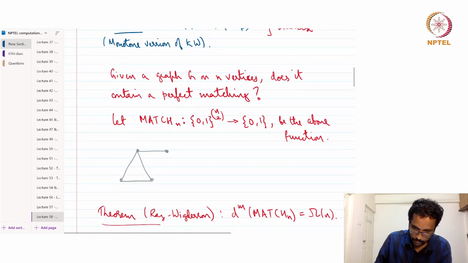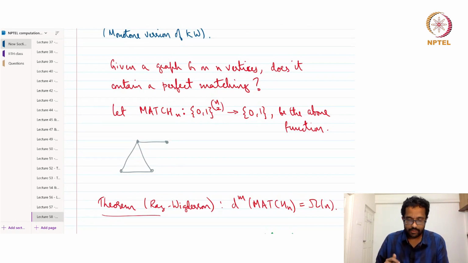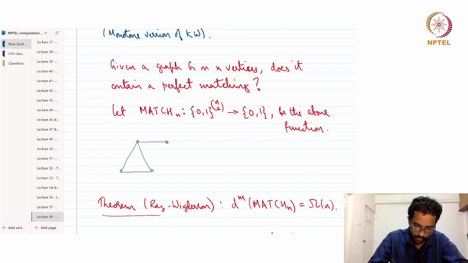Now let me come to the main topic. Given a graph, you can think of giving it as an adjacency list or adjacency matrix, so I can view a graph as a big vector. For instance, here I have a graph on 4 vertices, numbered 1, 2, 3, 4.